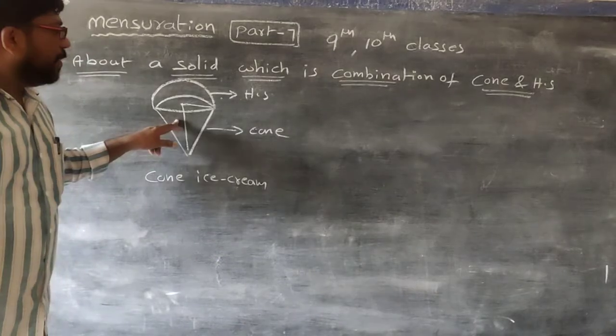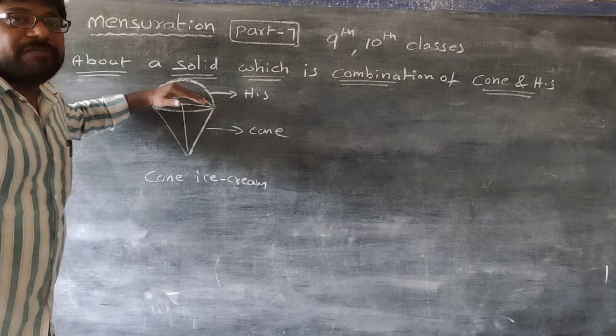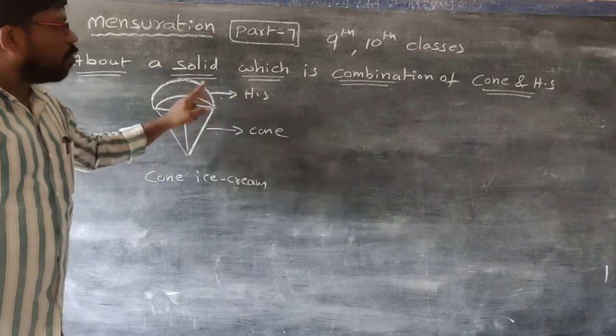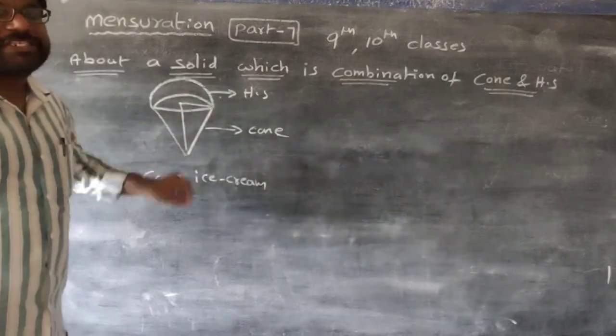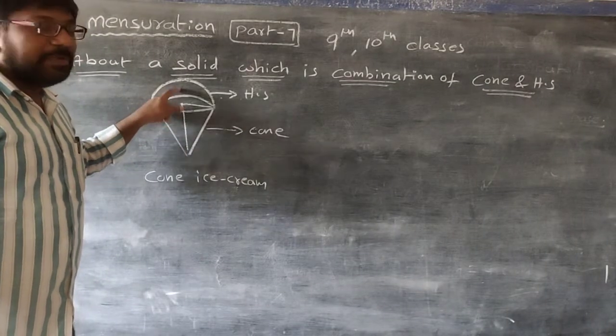Here the base of the cone is surmounted on the base of the hemisphere, and we get a cone ice cream. So it is a single solid, a combination of cone and hemisphere.